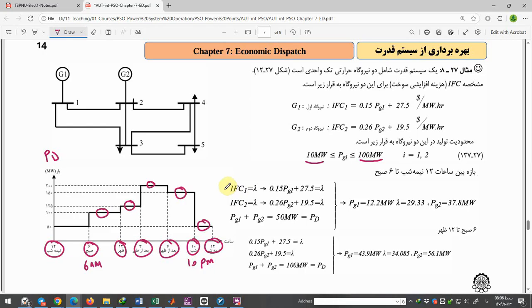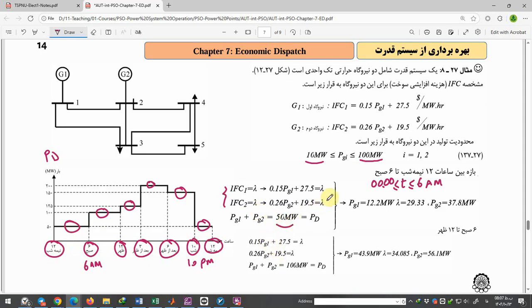So we write IFC 1 and 2, and for the time between 12 a.m. to 6 a.m. the whole PD is 50 megawatt.